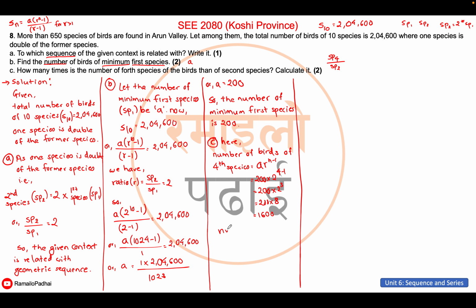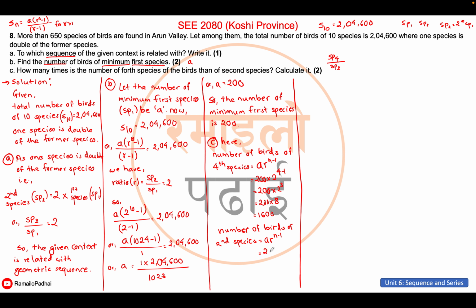Again, the number of birds of second species is equal to a r to the power n minus 1.